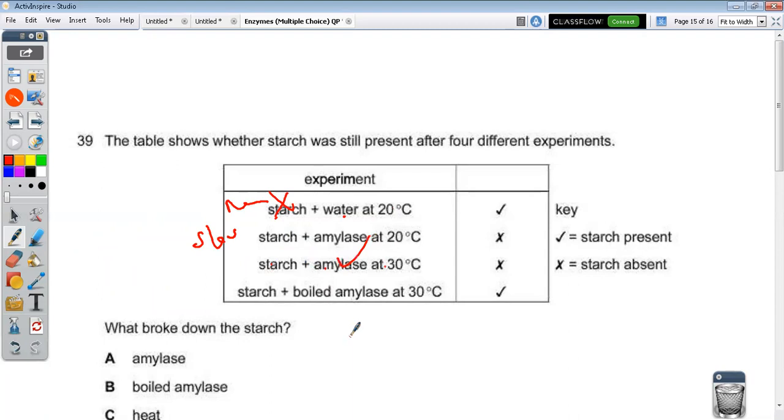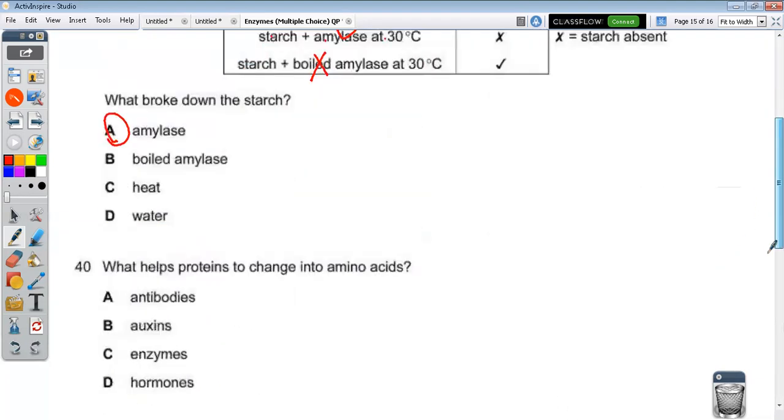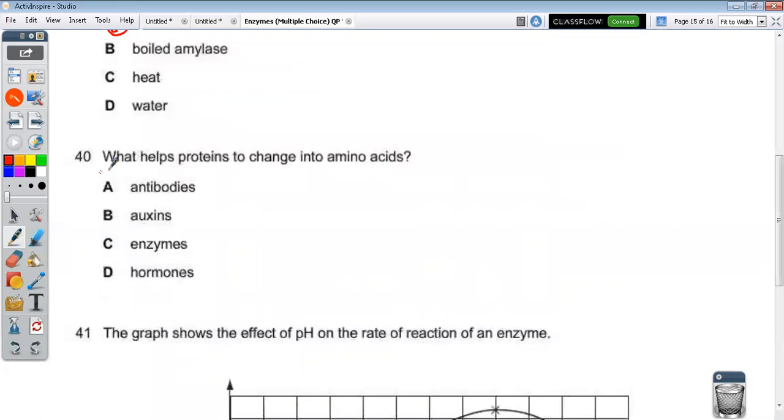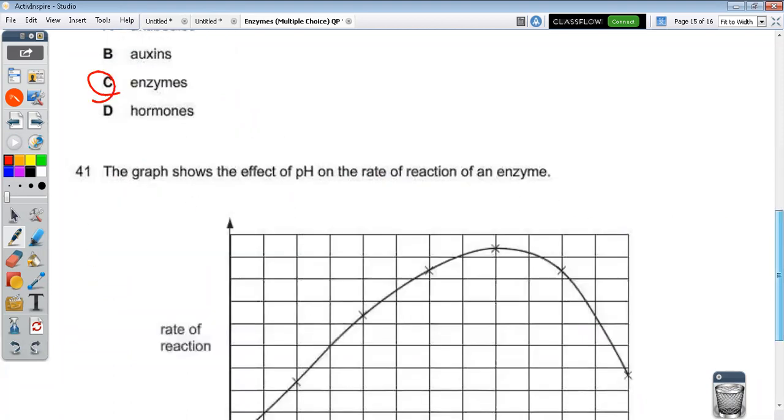Starch plus boiled, the boiling destroys the enzyme. So what breaks down is the enzyme, the starch. Now, what prevents proteins from changing into amino acids? So what helps also? Enzymes. There have to be enzymes to break that down.